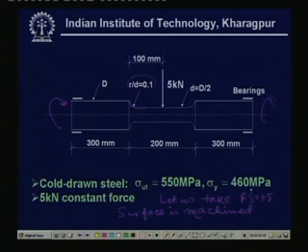Now, once we consider this particular machine member for design, we will be designing for the calculation of the diameters, the corresponding fillet radius, etc., so that it can take up this 5 kilonewton force under the fatigue condition.